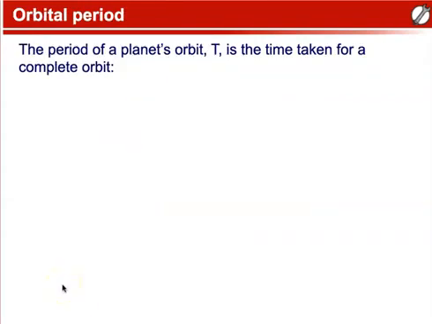Orbital period. The period of a planet's orbit, T, is the time taken for a complete orbit.